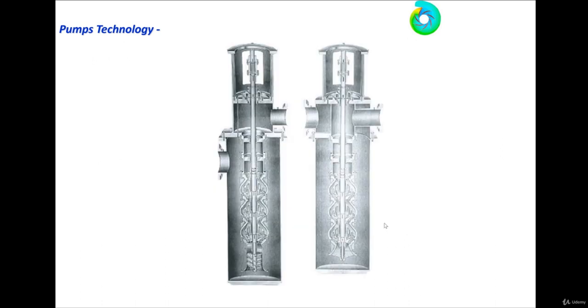This is the configuration of this pump. These are the bowls. Each bowl has an impeller: one impeller, two impellers, three impellers, like that. This is the inducer. The inducer is an element used to reduce the losses at the inlet of the impeller. It reduces the NPSH of the pump.